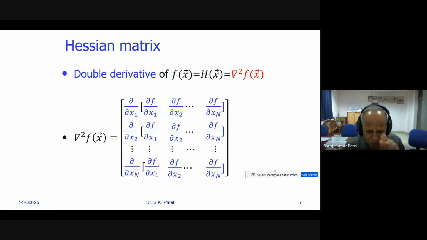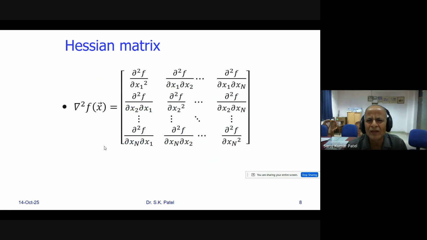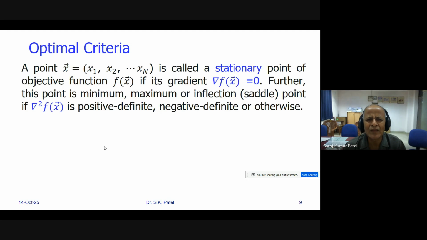Similarly, the nth row, the last row, will be with respect to xn. So each time the gradient vector is to be again differentiated with respect to x1, it will be the first row; with respect to x2, the second row; like this up to the nth row, that will be your Hessian matrix, del square f x. So simplifying this, we get these values for the Hessian matrix.